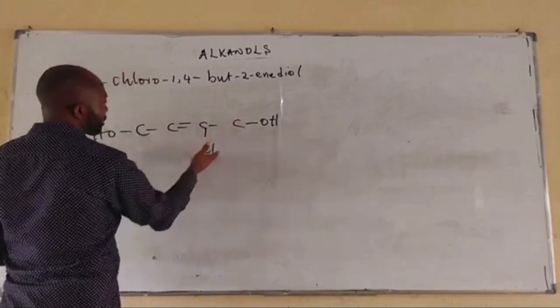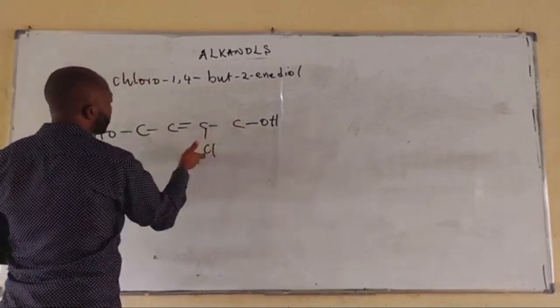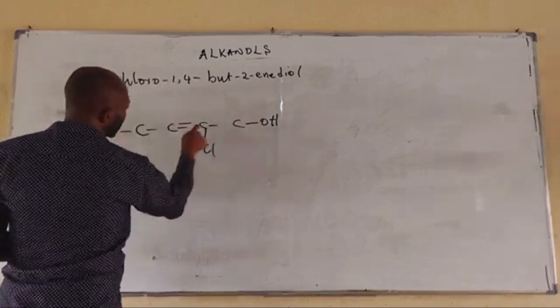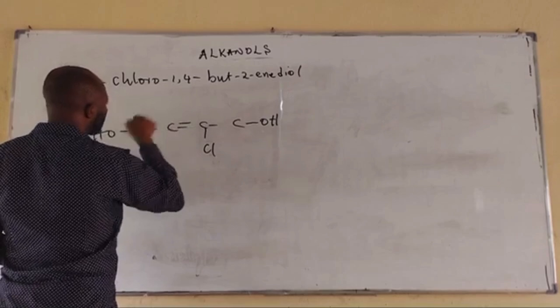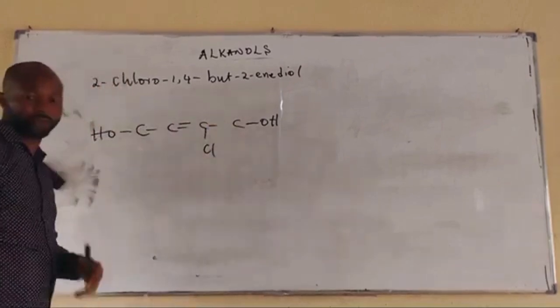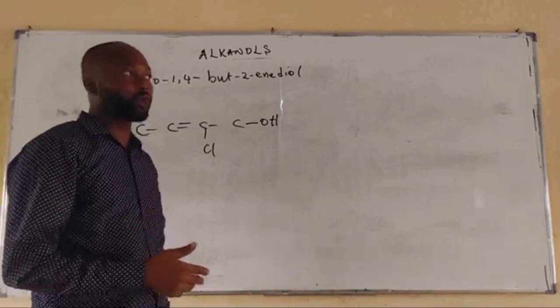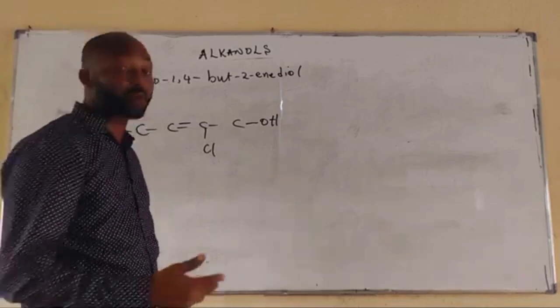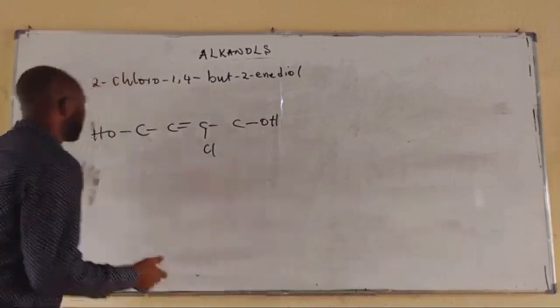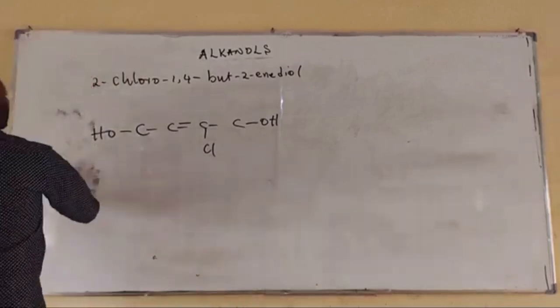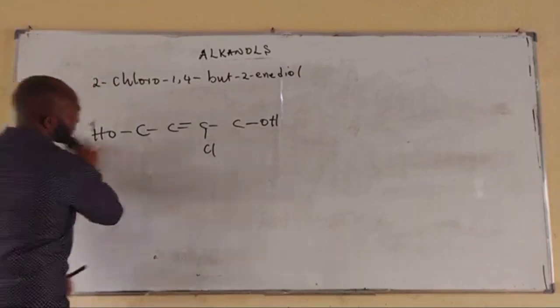So our chlorine comes first. 2-chloro, 1,4, but-2-ene diol. So the technicality is always there, but we must pay attention to it so that we don't make mistakes. If you remember the rules, you will understand what we do. So let's move on to another question.